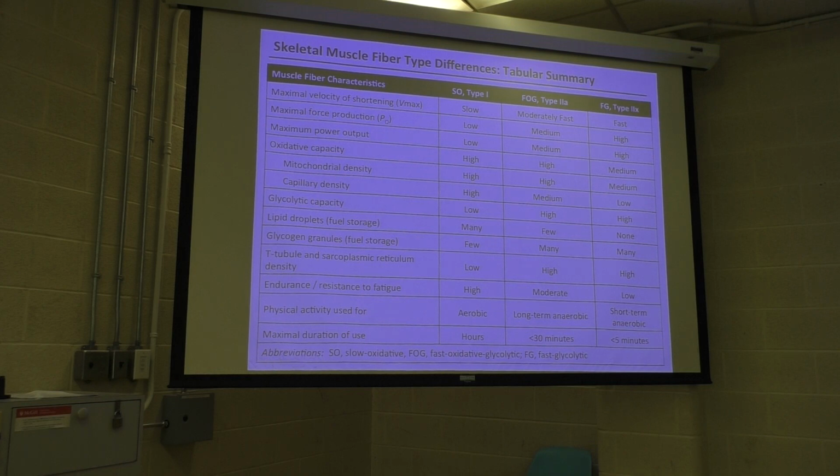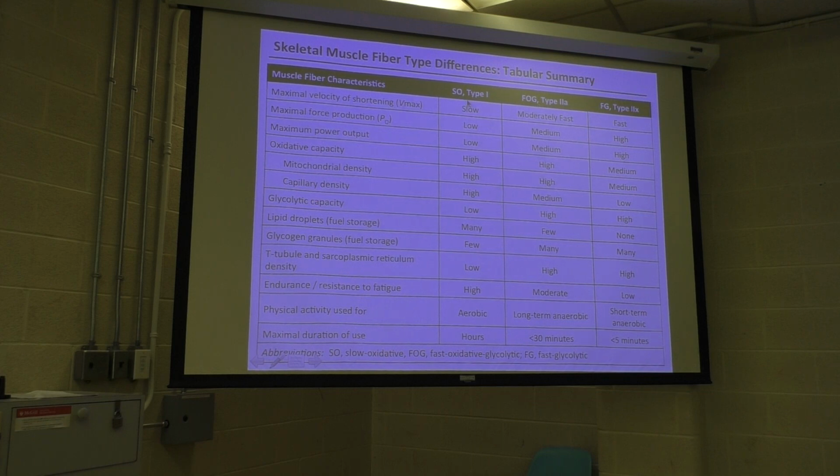And again, talking about the complexity of how these things work, this is only when we're looking at the pure isoforms, when each fiber only has one type in it, as opposed to mixtures of these. But you can imagine that fibers with both type 1 and type 2 have a mixture of these properties.